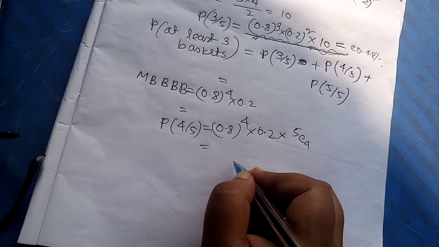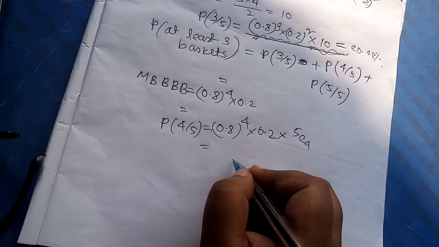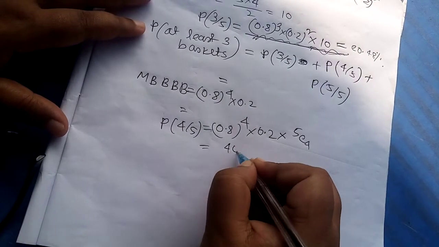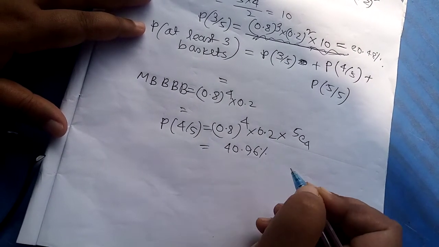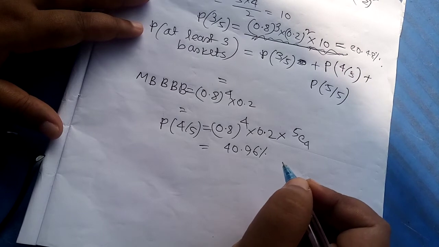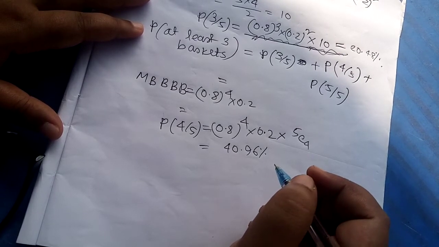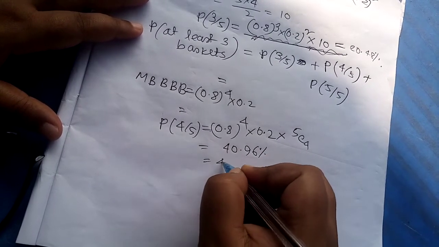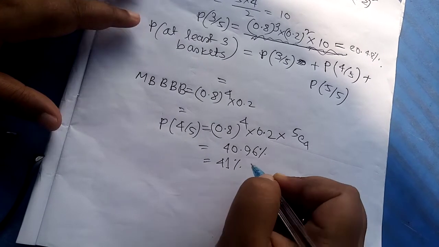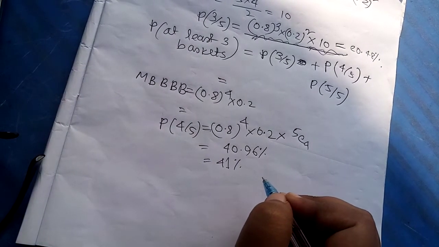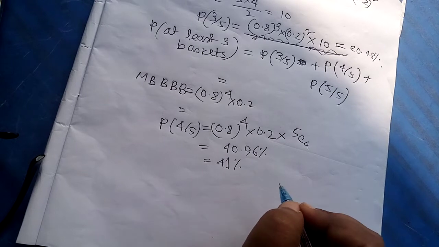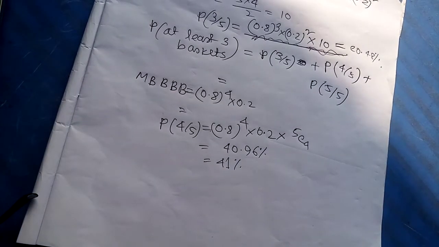So 40.96%. So roughly 41% chance that I get exactly 4 out of 5 baskets, which is interesting because that's kind of my free throw percentage. So it's a little less than a 2/3 shot of hitting my free throw percentage on the mark that time.